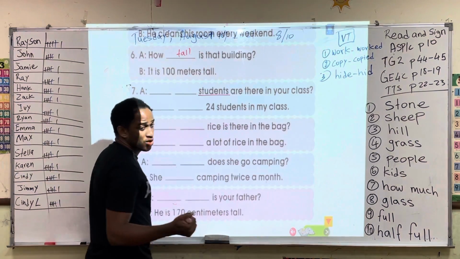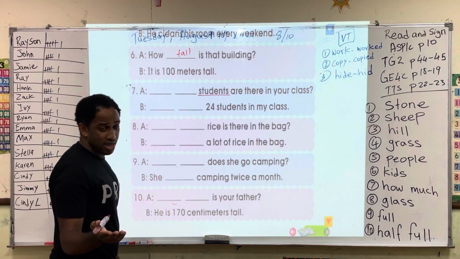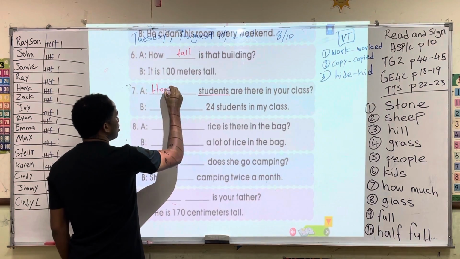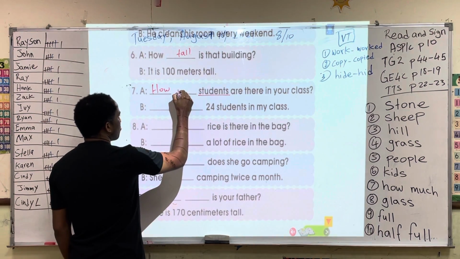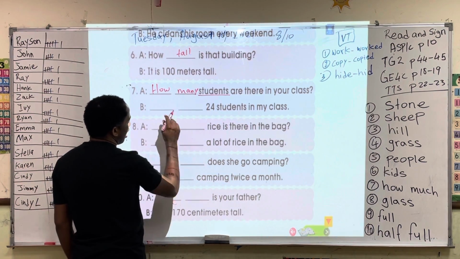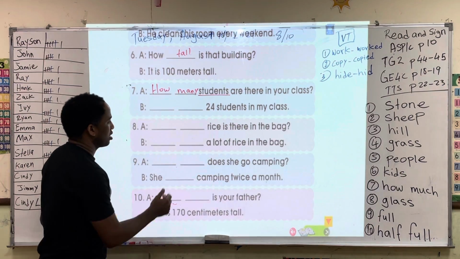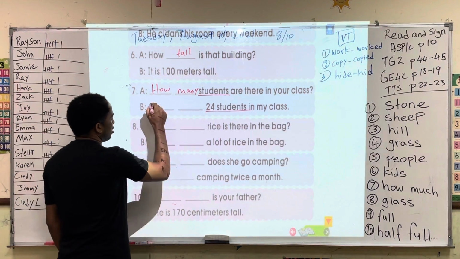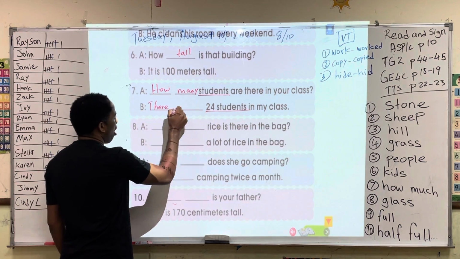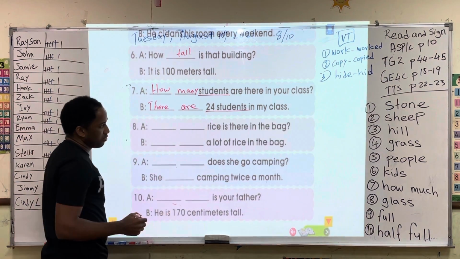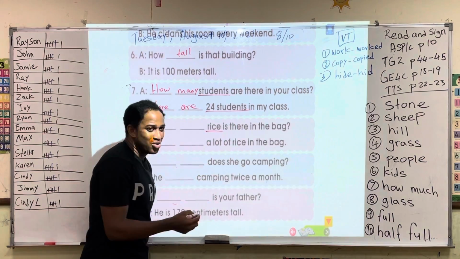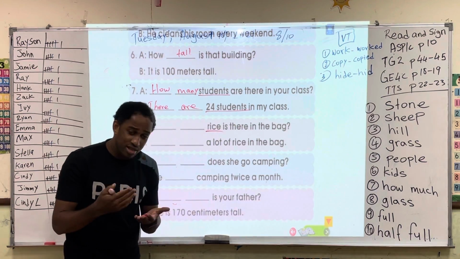Students. Can you count the students? Yes. So the question starts with how many. How many students are there in the class? 24 students. So you say there are 24 students in my class. Rice. Can you say 1 rice to count the rice?